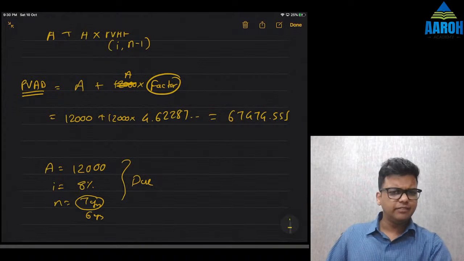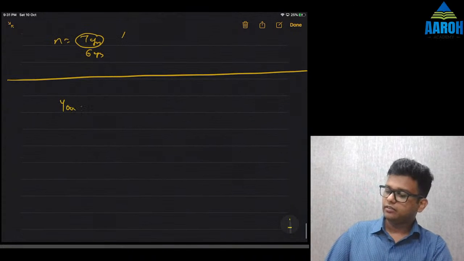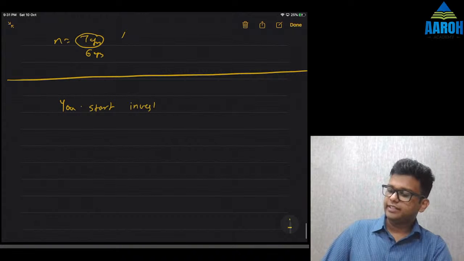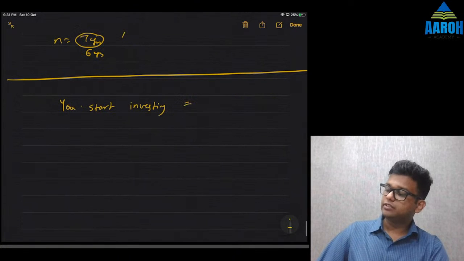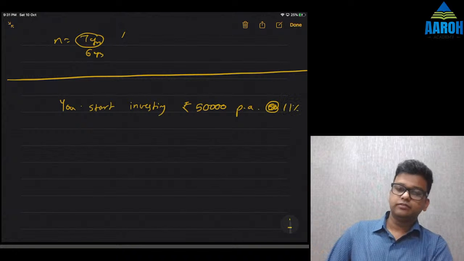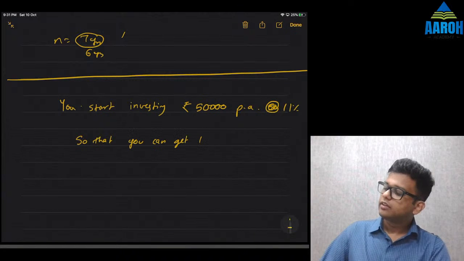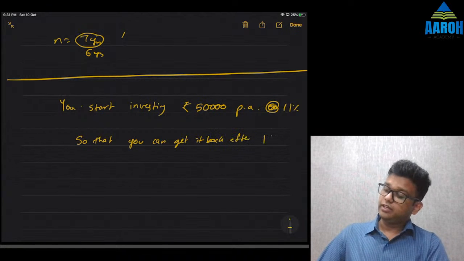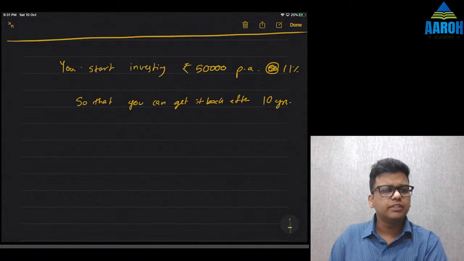Okay. Let's see one more question. You start investing rupees 50,000 per annum at 11% so that you can get it back after 10 years.